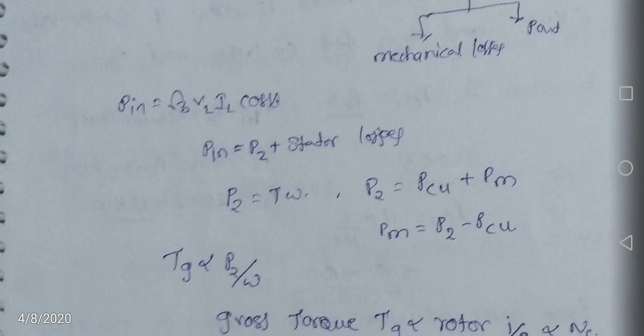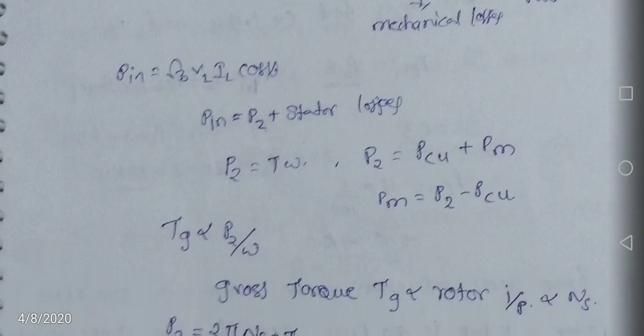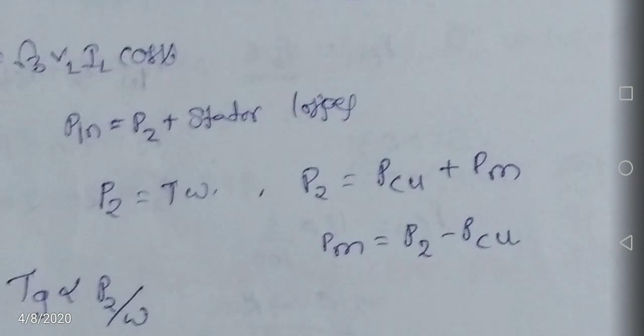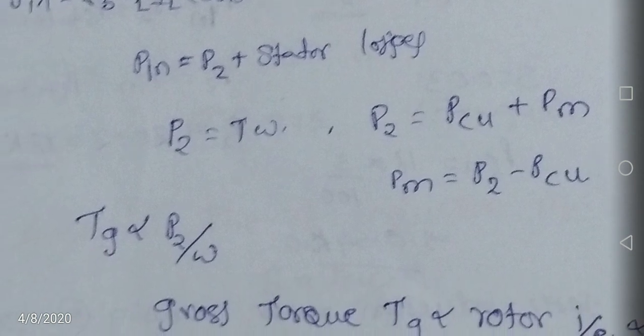The gross mechanical power developed by the rotor equals rotor input power minus rotor copper losses. From the above equation, the gross mechanical power developed by the rotor, PM, equals rotor input P2 minus rotor copper losses.